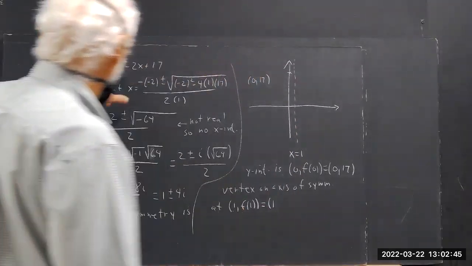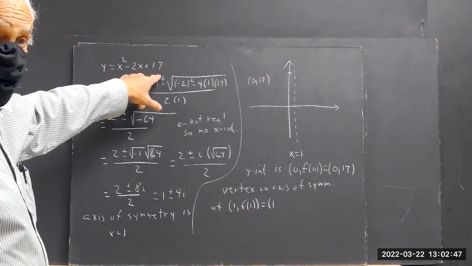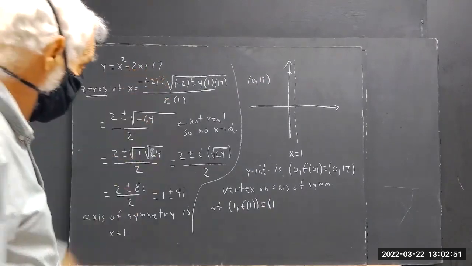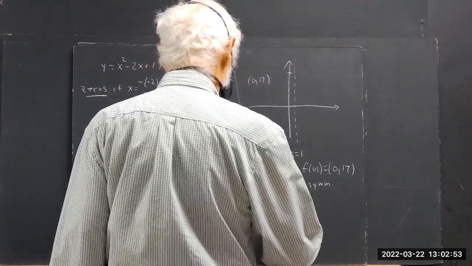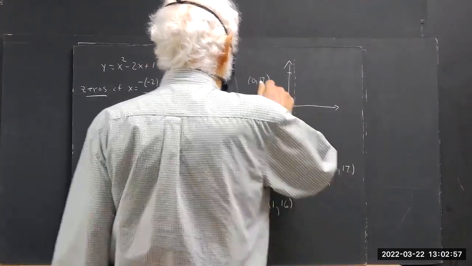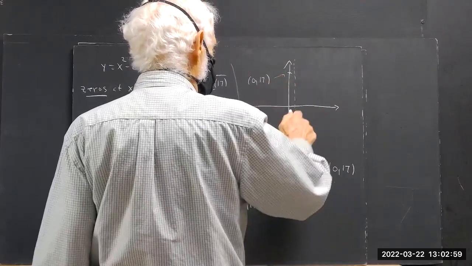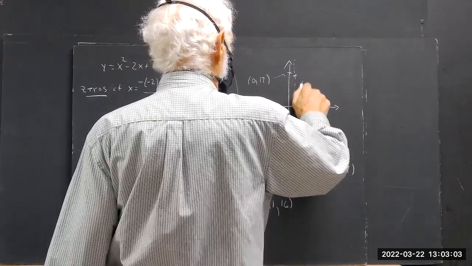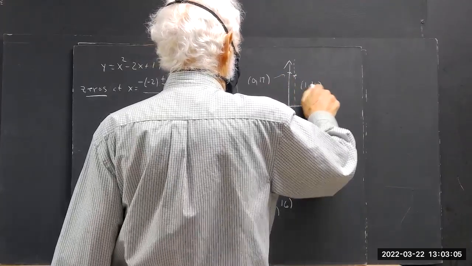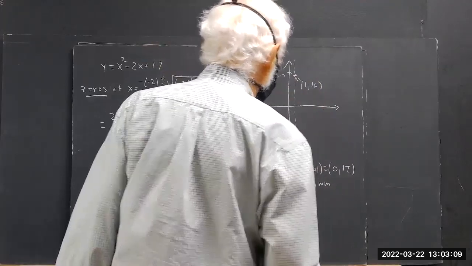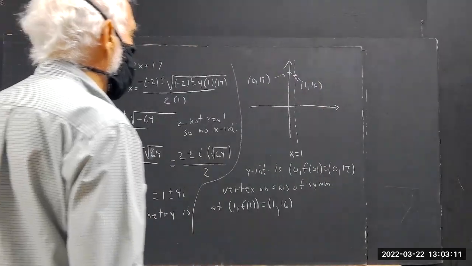And f of 1 is just what we get when we plug in 1. When you plug in 1, you get 16. So we have the point 0, 17, and then here we have the point 1, 16. I haven't done that very accurately, but we still get the idea.